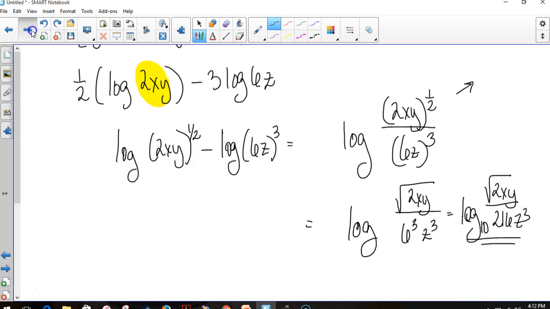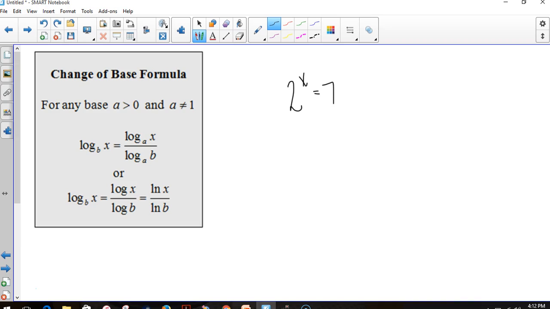But sometimes we have to use one more rule, and that's our change of base formula. Usually when you first see it, we talk about logs with different bases, but you can also choose this base sometimes. And so you don't necessarily always need to match a base. You could use what we'll later see to be a natural log of both sides, although we haven't worked with many natural logs yet. So for now, I'm going to stay with this top one.